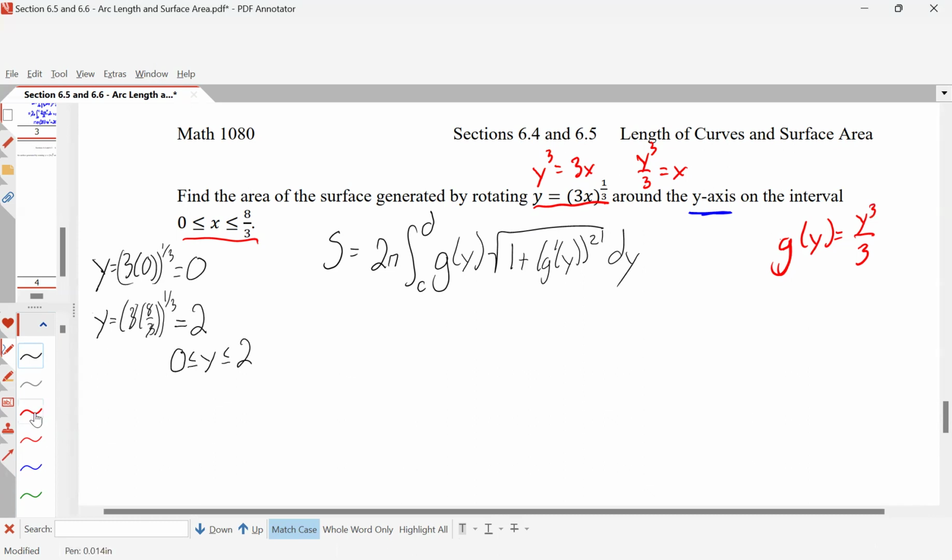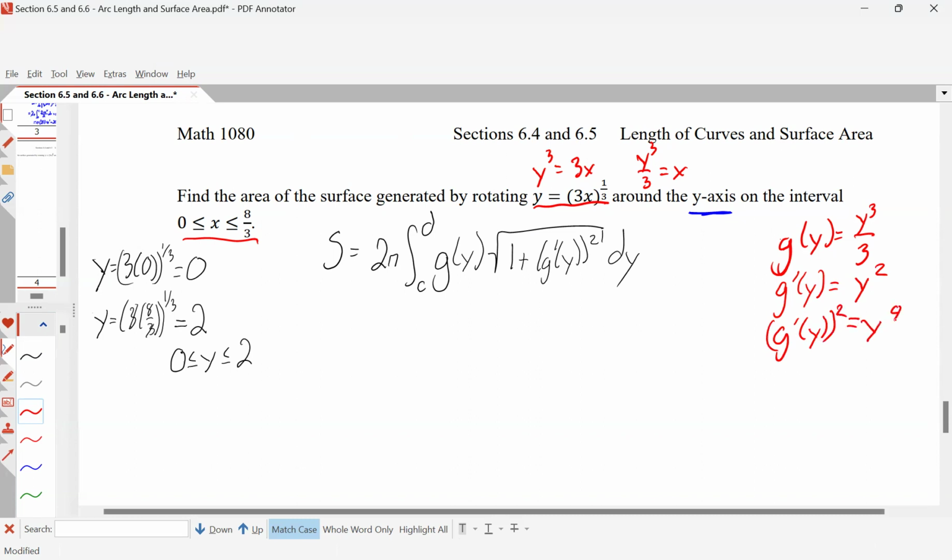There's our bounds. Back to our function, we want to find the derivative and square it. So the derivative of this function is y squared, and squaring y squared is y to the 4th.